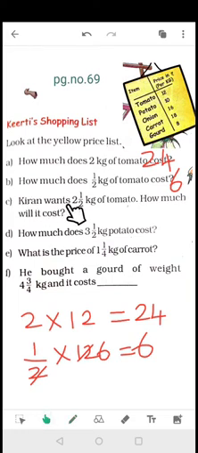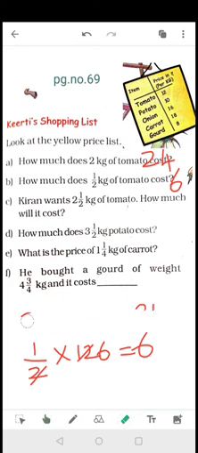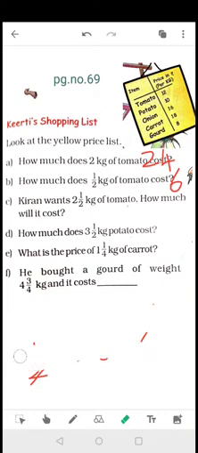Kiran wants 2.5 kg of tomato. How much will it cost? Now we can very easily find out. How? We already know the cost of 2 kg. See, 2.5 can be separated like this, 2 plus half.